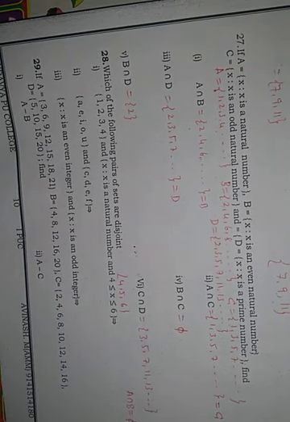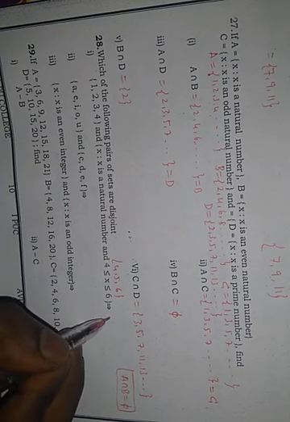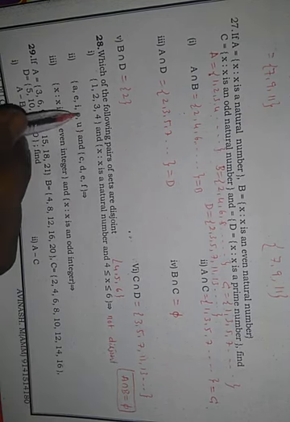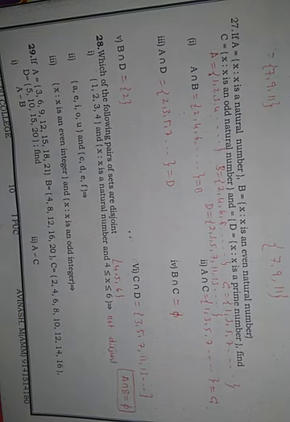You know very well, disjoint sets means if the intersection of A and B is empty, then we say they are disjoint sets. So 4 is a common element. Hence, it is not a disjoint set, because it has a common element, that is 4.